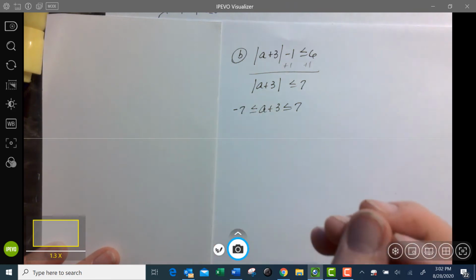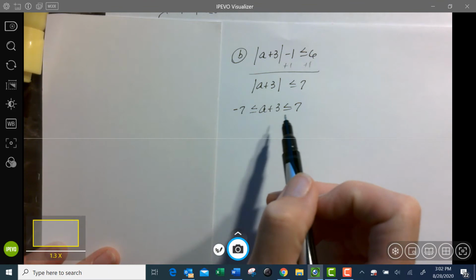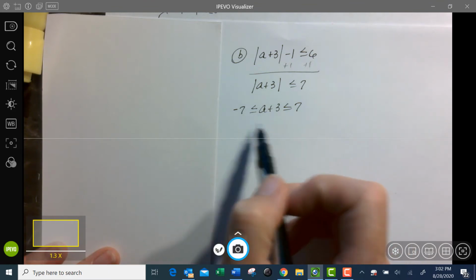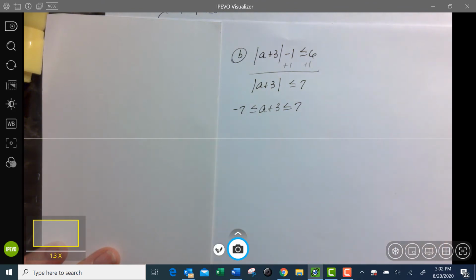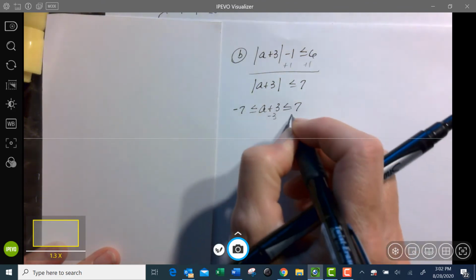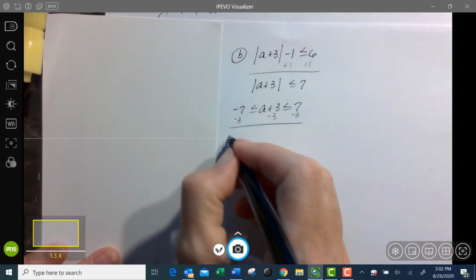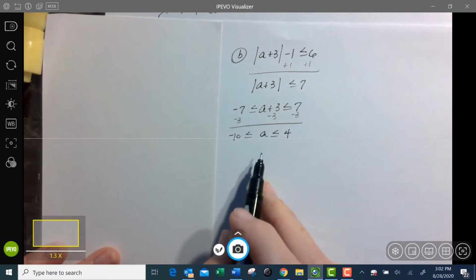Notice I do not have an absolute value symbol anymore. I've incorporated it by creating the compound inequality. Now I need to solve for A. So I subtract 3 from all three portions of the compound inequality and get the result that A falls between negative 10 and positive 4.